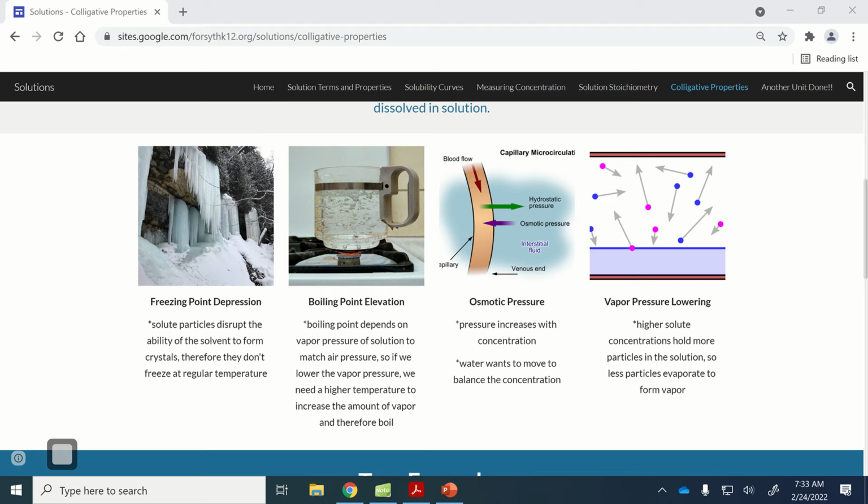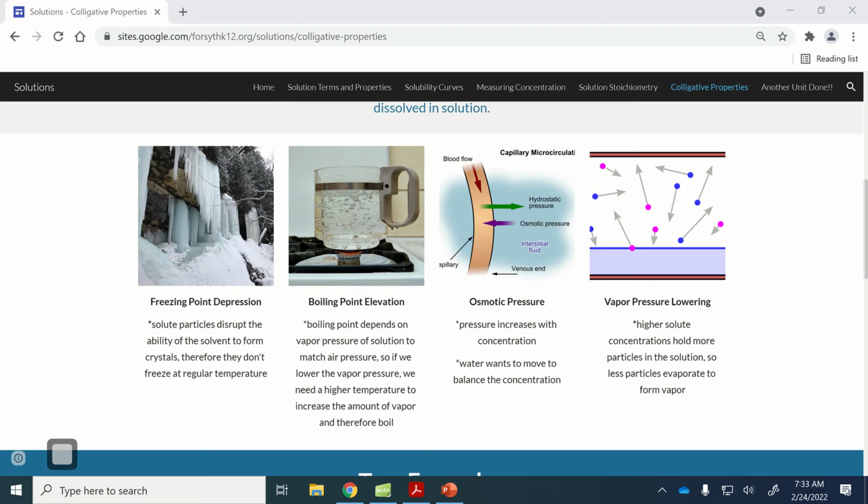The opposite happens at the other end of the spectrum, boiling point elevation. I know we didn't really talk about it too much at the beginning of the year, but a boiling point depends on the vapor pressure of the solution. When the vapor pressure of the solution matches that of the air pressure around it, the liquid will start to boil. And there's another one you can see at the end there, vapor pressure lowering.